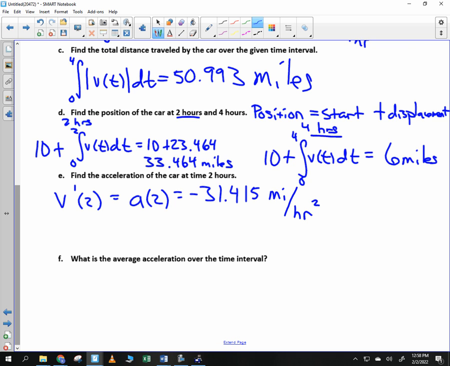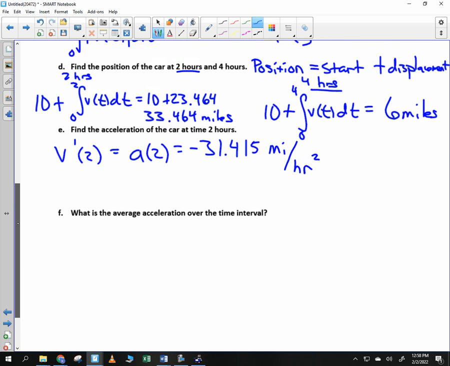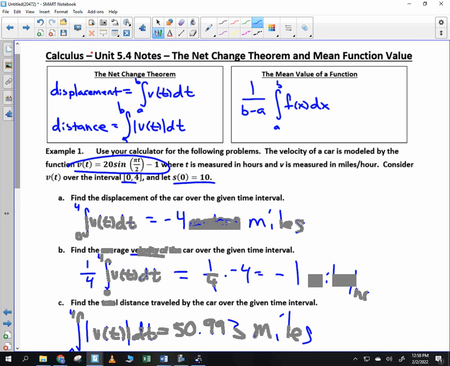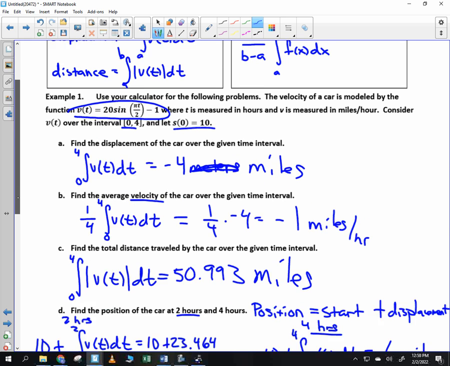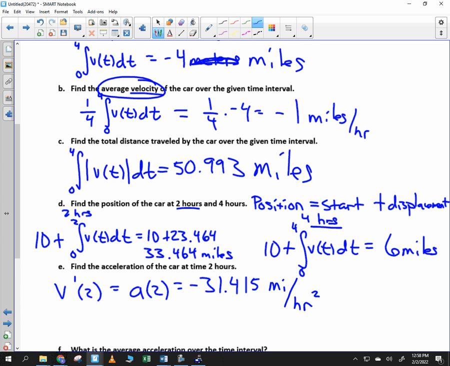All right, our last one, and it's the one that tends to confuse people. They see the word average, and what formula do you think people jump to if they see average? They jump to this guy, right? So I want to show you the difference between those two expressions. Look at what you're given. Here it says average velocity. True or false? You have the velocity function.